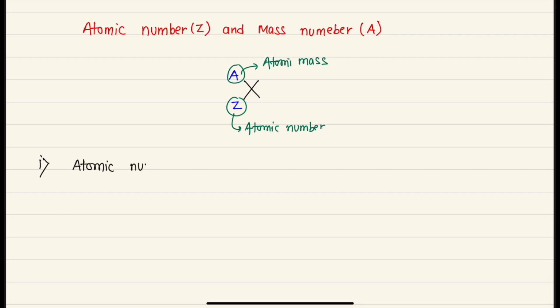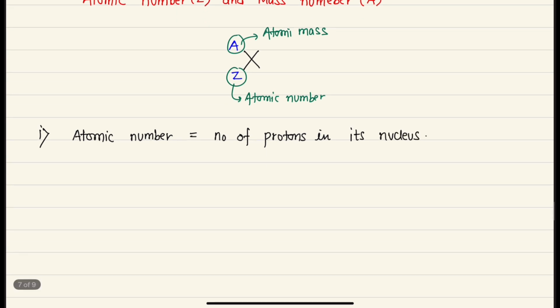Atomic number is a number that is equal to the number of protons in its nucleus. Atomic number equal to number of protons in its nucleus. Very, very important.